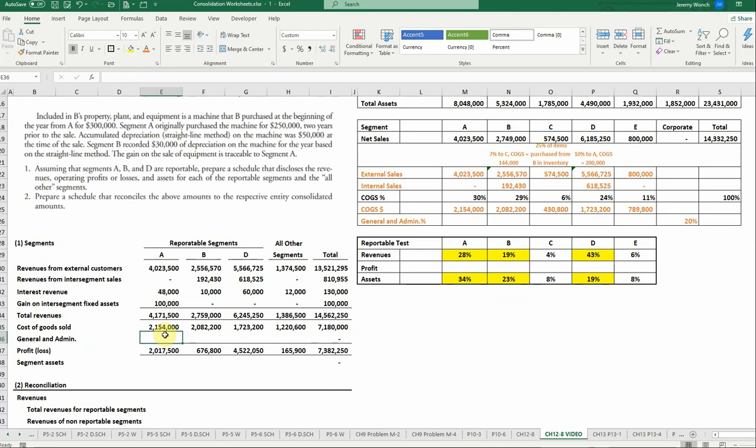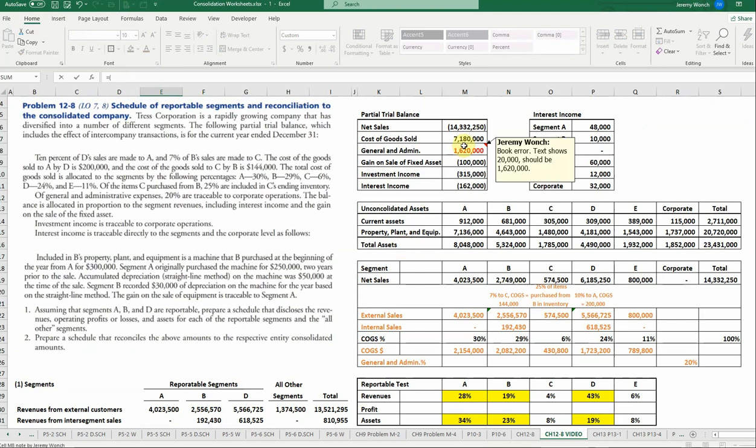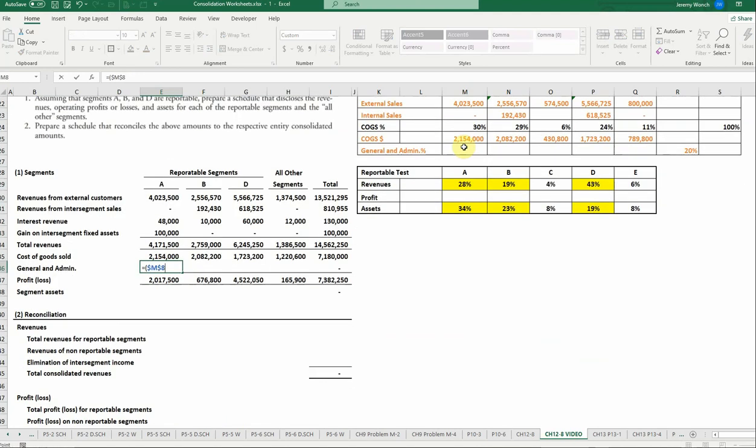So what we need to do is take the total G&A times 80%, because 20% is corporate, so 80% is related to the segments. So the total G&A that we need to allocate is 1.296 million. And then it's allocated proportionally based on revenues. So that's going to be the total revenue for segment A divided by the total revenues.